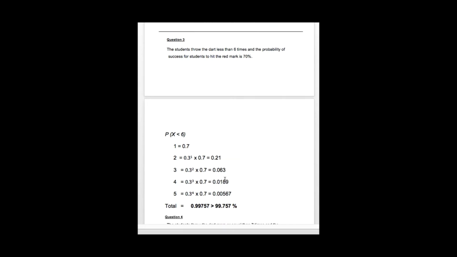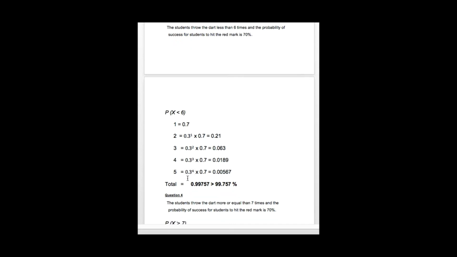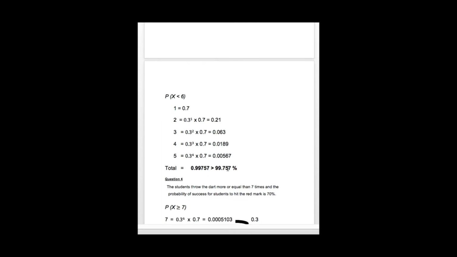The third is 0.3 to the power of 2 multiplied by 0.7 equal to 0.063, the fourth is 0.3 to the power of 3 multiplied by 0.7, which is 0.0189, and the fifth is 0.3 to the power of 4 multiplied by 0.7, which is 0.00567.